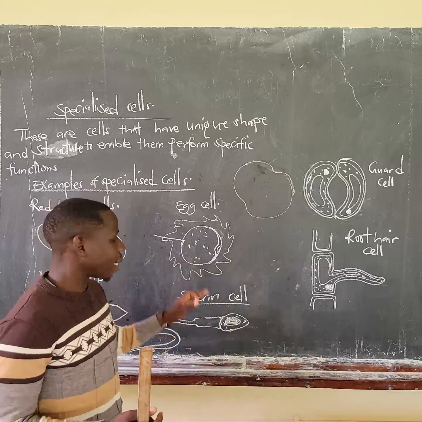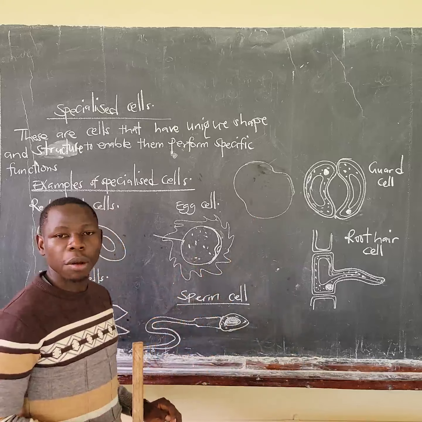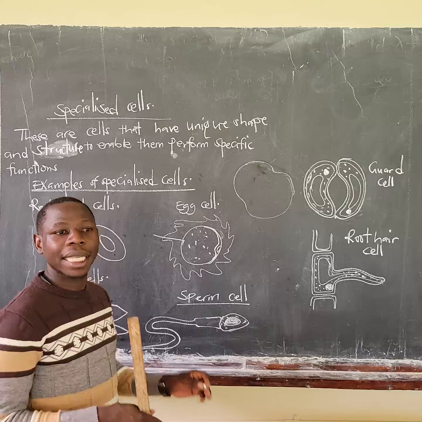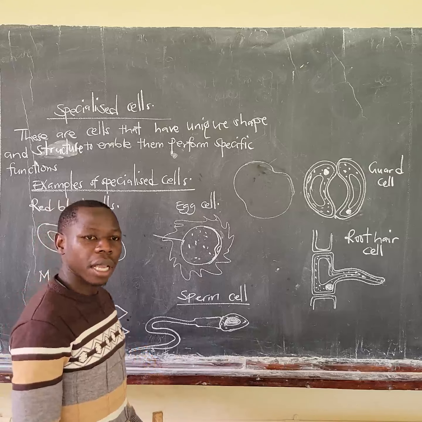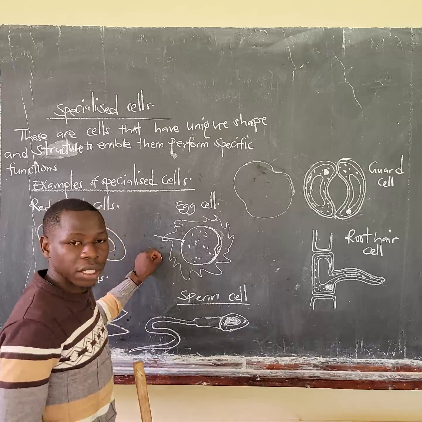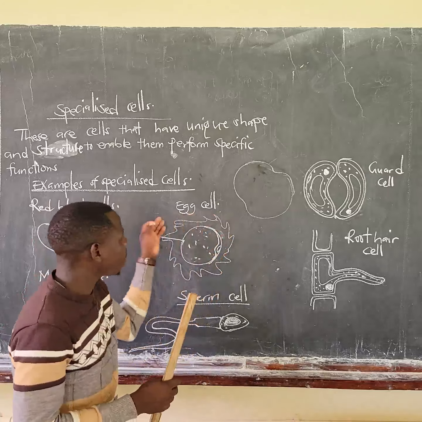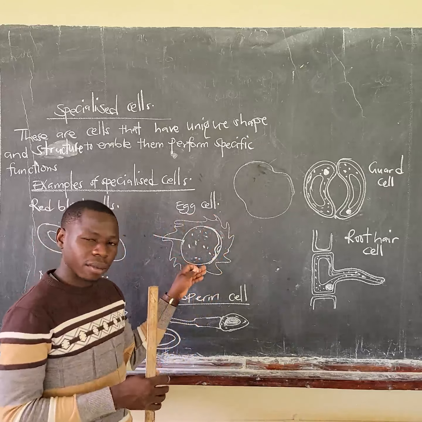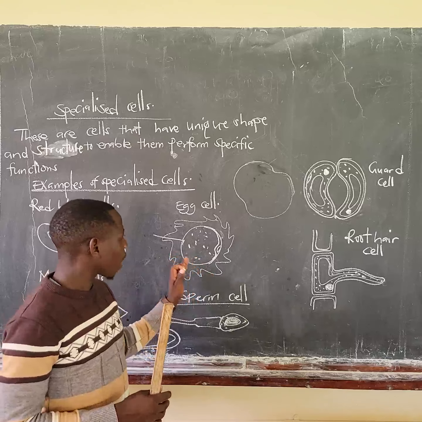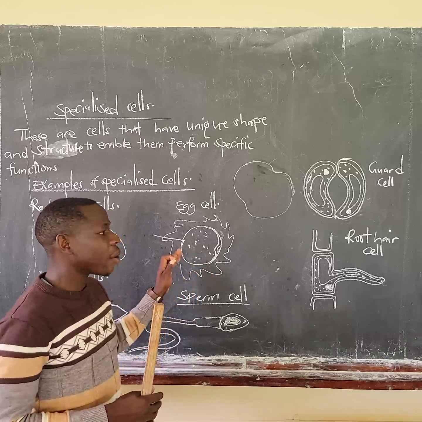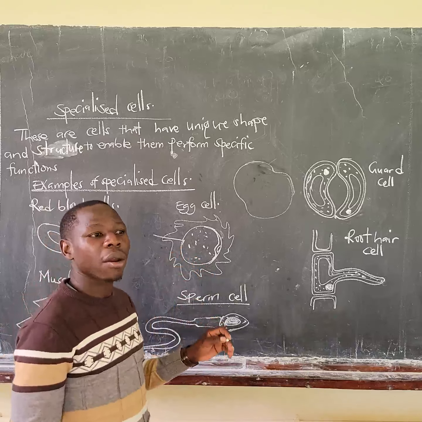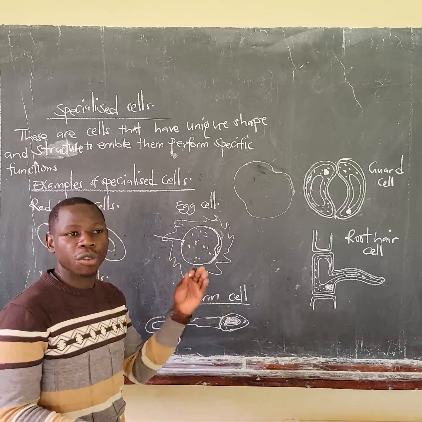And when you look inside, does it resemble the general structure of an animal cell? No, because of its function. This outer membrane helps to protect the inner contents of the cell, and in addition to that, it has a lot of food stores.